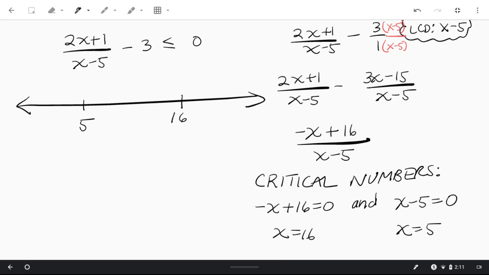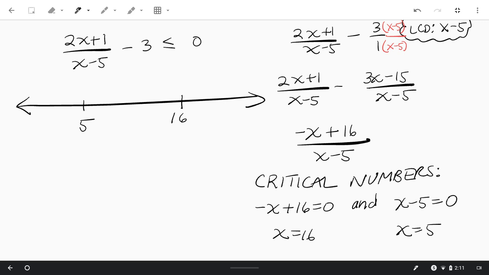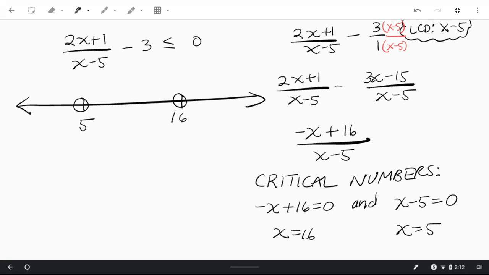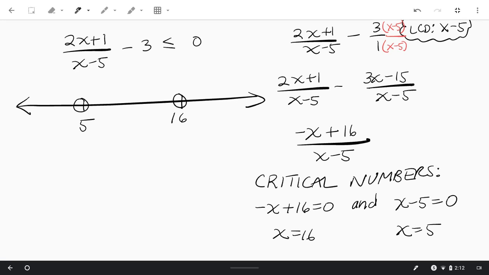So let's figure out if we're going to have open circles or closed circles at 5 and 16. Let's take a look at 5. When I plug in 5, I end up getting 0 in the denominator, which is undefined. So 5 cannot be part of the solution. When I plug in 16, I know I'm going to get 0. And 0 is less than or equal to 0. So I will shade this one.